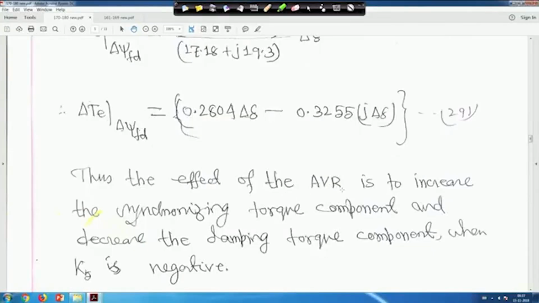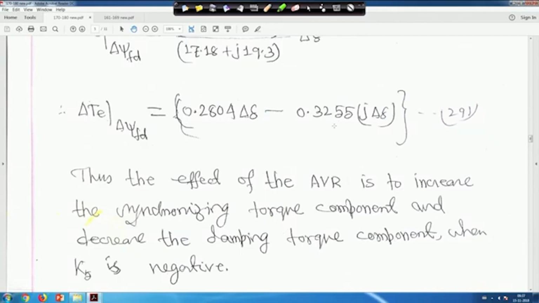So, that means the effect of the AVR is to increase the synchronizing torque component, because this term is positive, since it is a function of delta delta, right, and to decrease the damping torque component when K5 is negative.